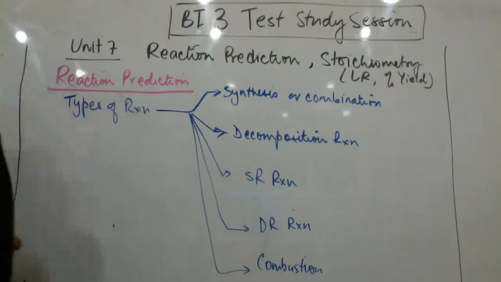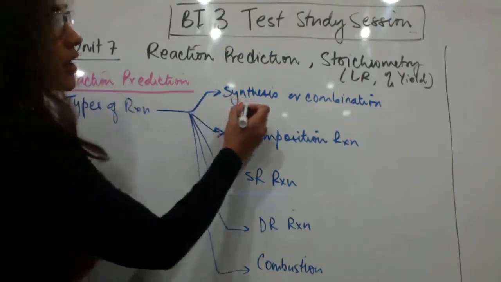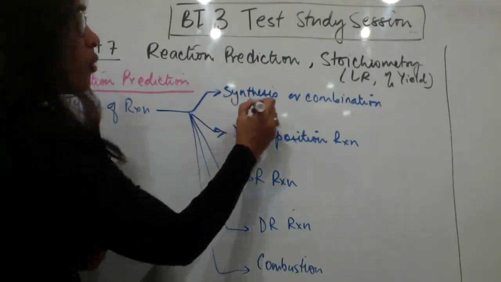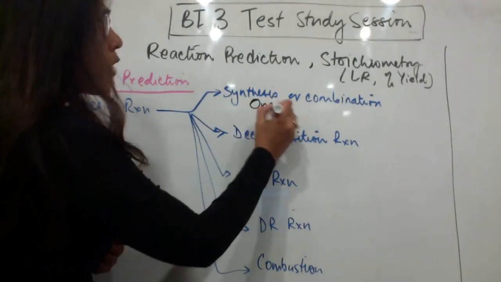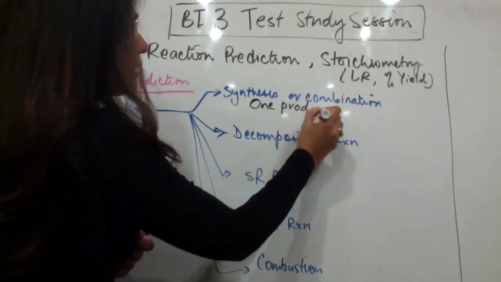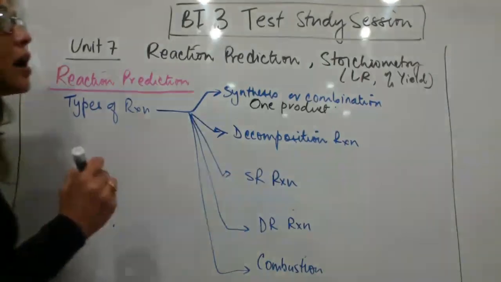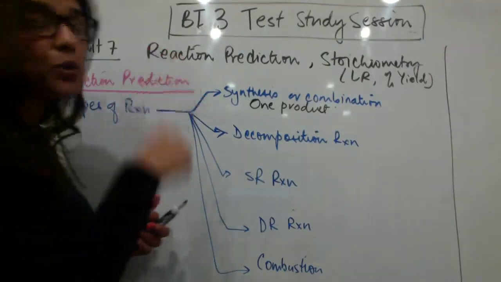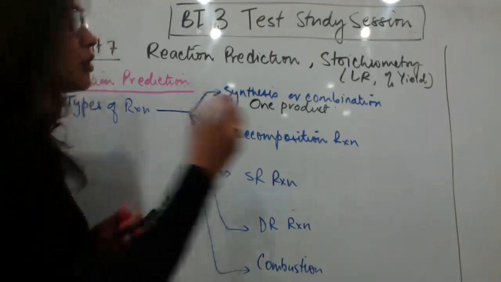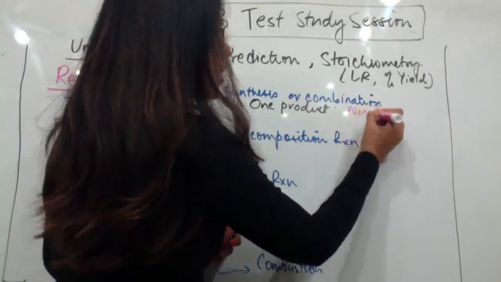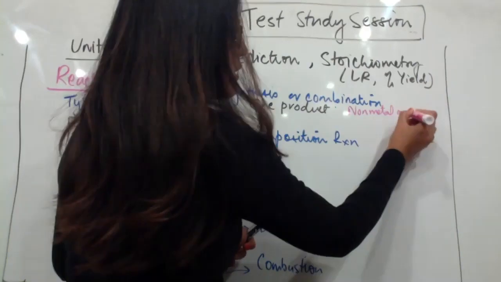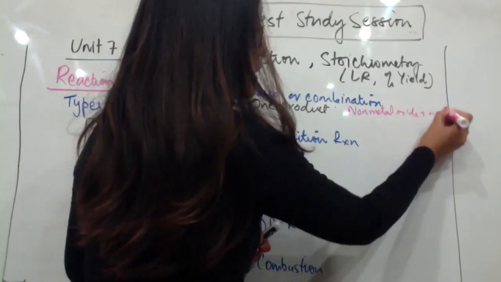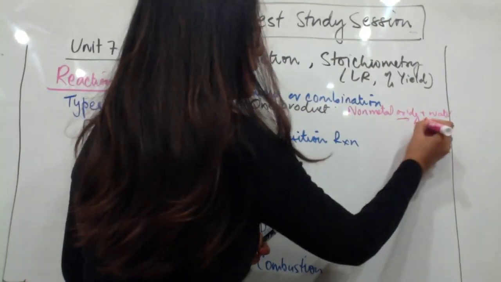I'm going. So synthesis or combination reaction is identified when one product is formed. And what one product will be formed? Remember, there are 5 or 6 bullet points. A non-metal oxide plus water will form acid.